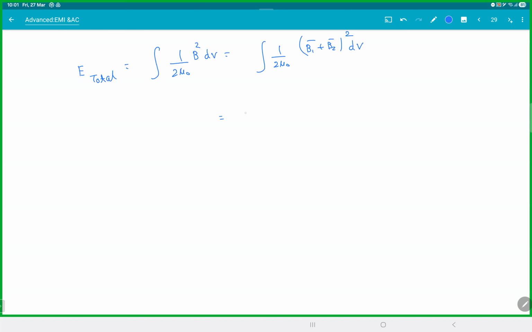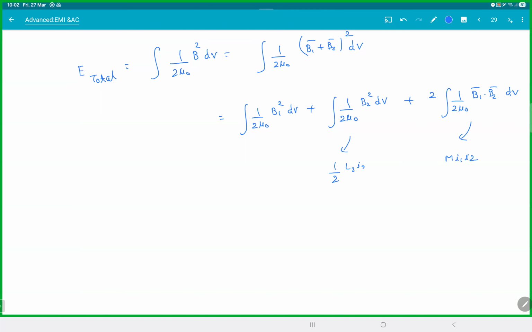When you expand this, you will get 1 by 2 mu naught B1 squared dV plus the same thing, as in electrostatics, B2 squared dV, and the third term was actually the interaction energy: 2 times 1 by 2 mu naught B1 dot B2 dV. They can ask this question also. There are two inductors generating magnetic fields B1 and B2. M is the mutual inductance. What is the integral of B1 B2 dV? So this term is your M I1 I2. This term is your half L2 I2 squared. The self energies and the interaction energies.